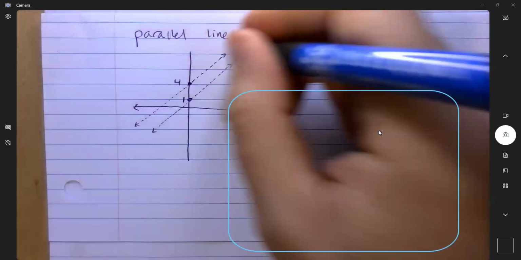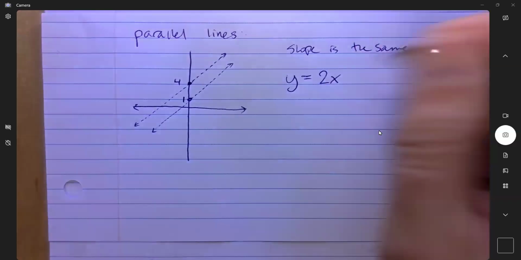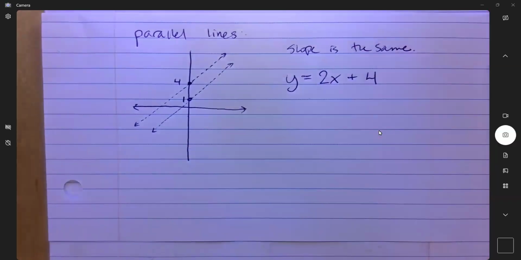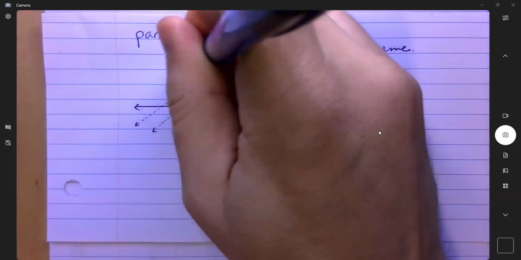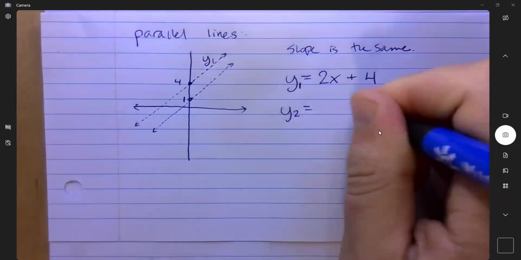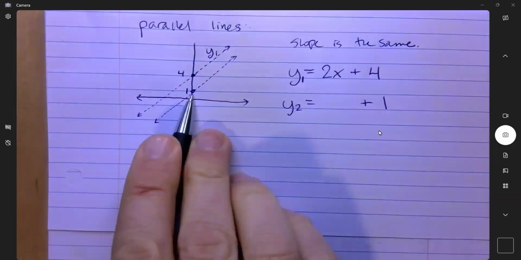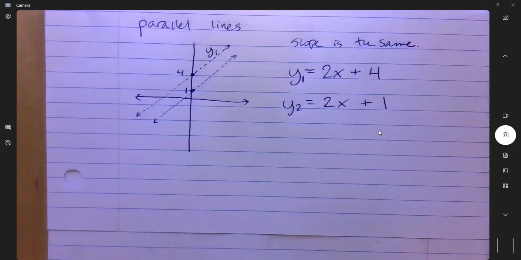So if I call my first line, let's say the slope is 2. And we know the y-intercept is 4. That's my first line, y1. And my second line, y2, well, I know the y-intercept here is 1, but the slope has to be the same.